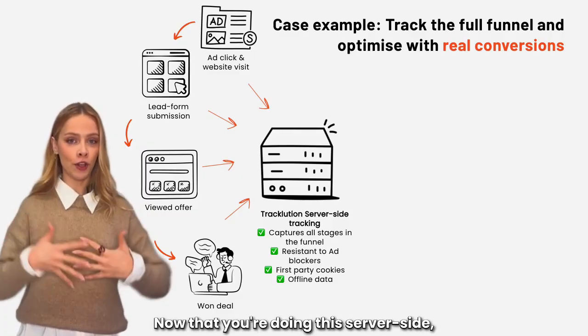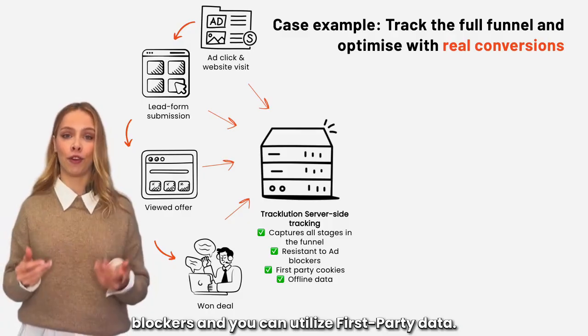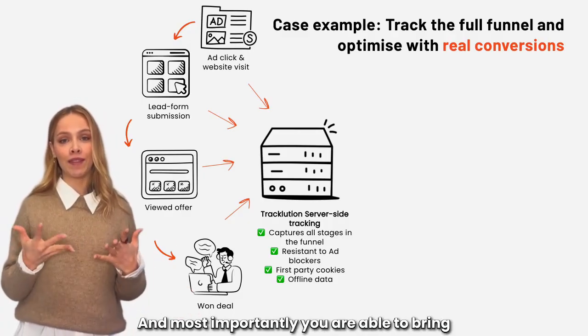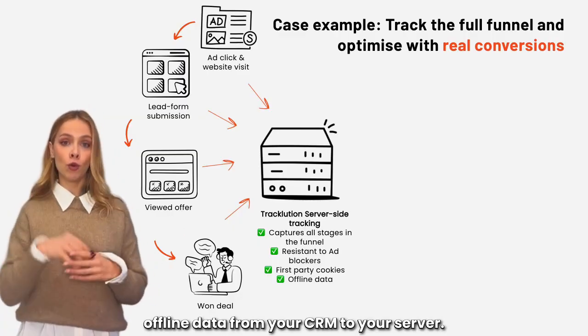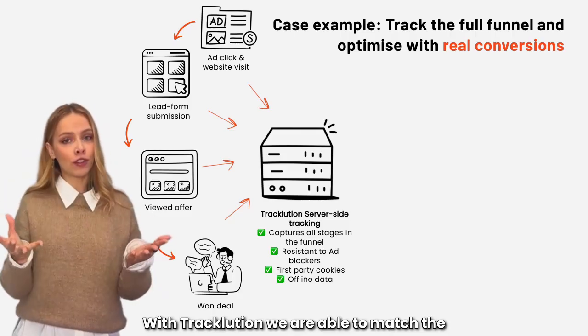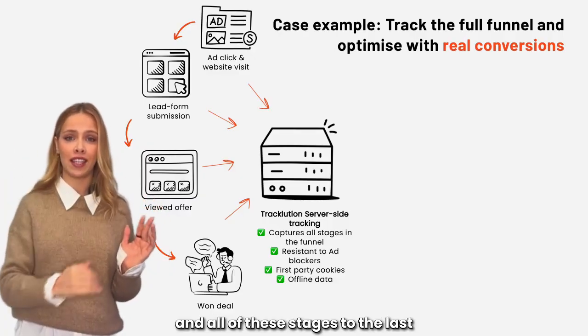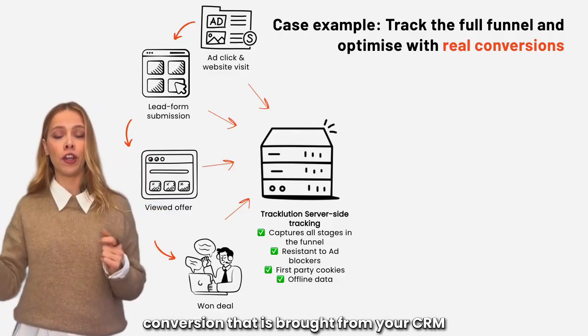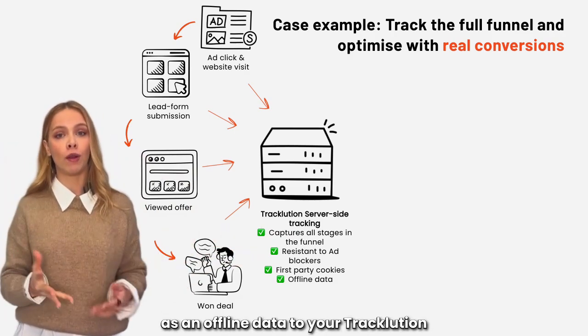Now that you're doing this server-side, you are resistant to ad blockers and you can utilize first-party data. And most importantly, you are able to bring offline data from your CRM to your server. With Tracklution, we are able to match the initial ad click, lead form submission, and all of these stages to the last conversion that is brought from your CRM as offline data to your Tracklution server.